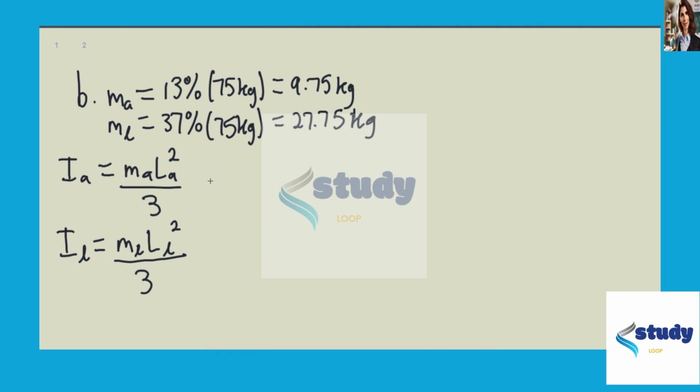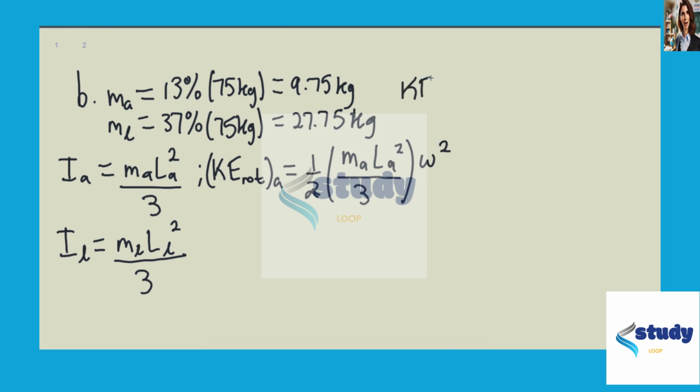And so here we can say that the rotational kinetic energy of the arms is going to be equal to 1 over 2 times m_a L_a squared over 3 times omega squared, given that the rotational kinetic energy is half I omega squared. We can solve and say that this is equal to the mass of the arms times the length of the arms squared times omega squared all over 6.